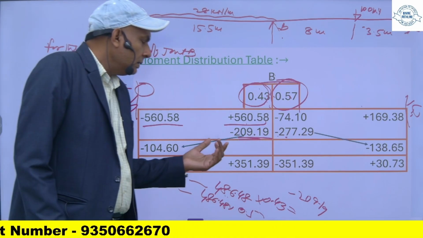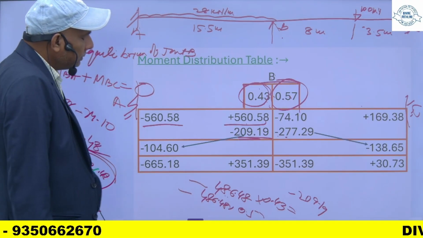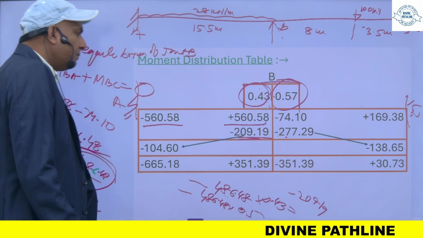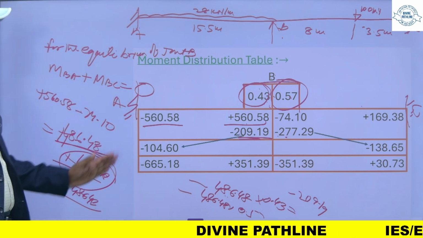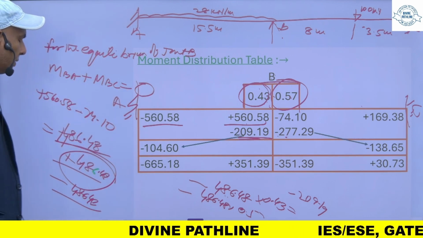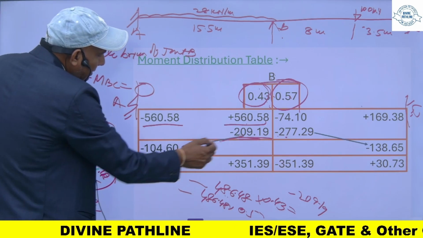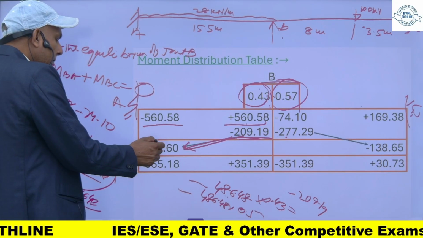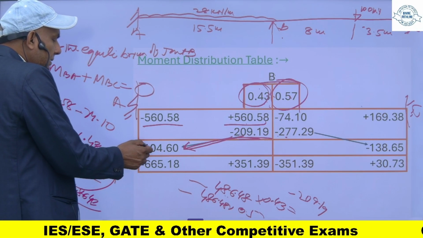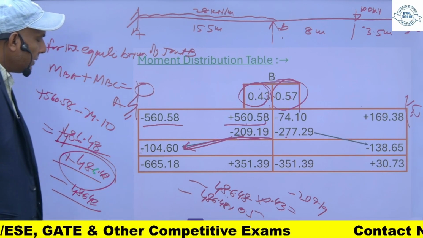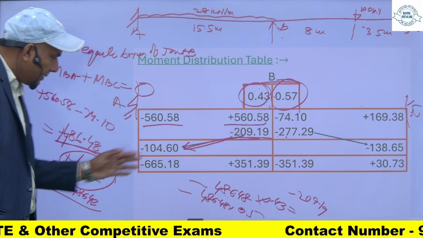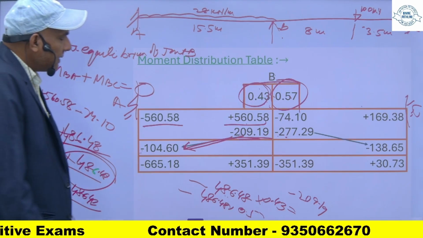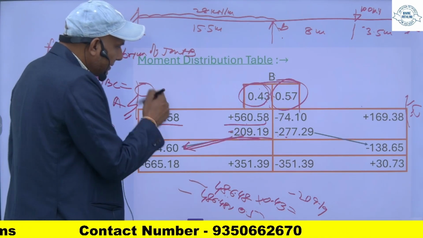Now when you apply this correcting moment of minus 209.19 and the other end is fixed, half of this moment will be carried over to this joint. So half of this will be 104.60, and of the same sign, if it is minus, this will be minus.